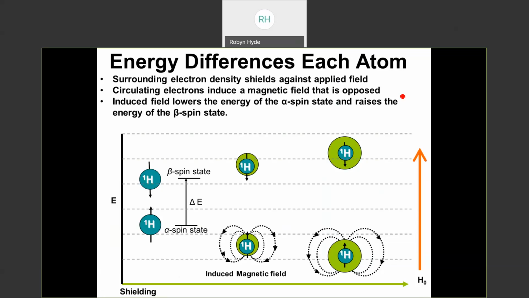But then a proton in a different part of the molecule will have a different level of protection. And so a different delta E value. Am I getting at your question there? Yes. Right, exactly. And I think this will become even more clear on my next slide.